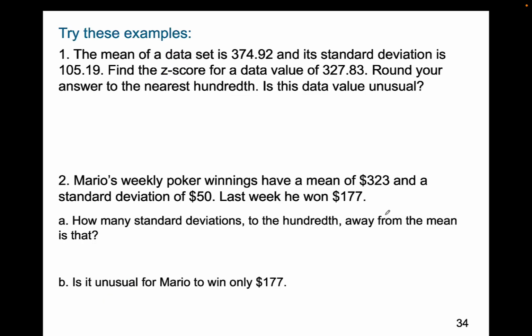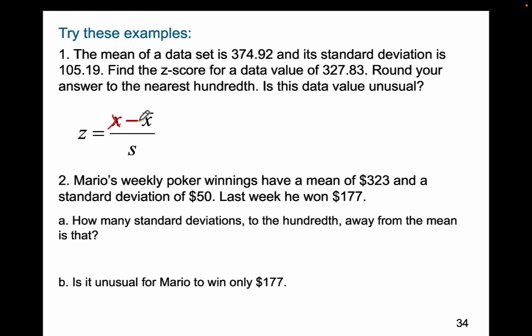Let's use an example to talk about it more. The mean of a data set is 374.92. Its standard deviation is 105.19. And we're asked, what is the Z-score for a data value in that set of 327.83? So we're going to take that data value, X, 327.83.